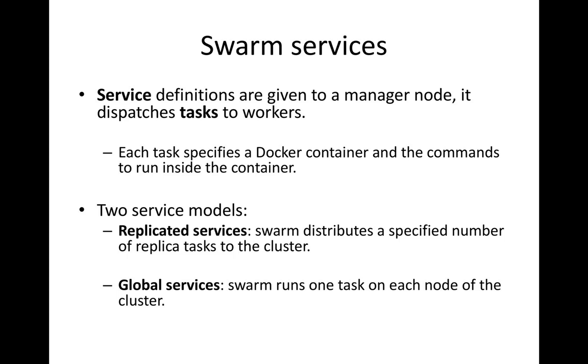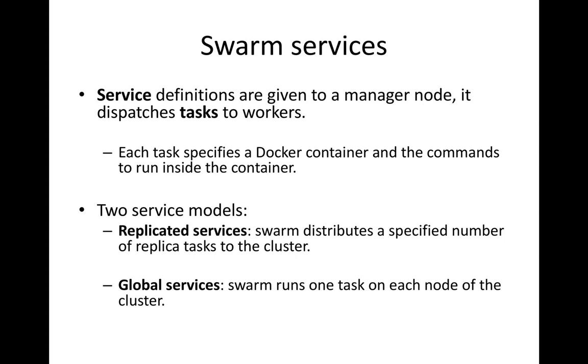When you're deploying services into a Swarm cluster and deploying containers into the Swarm cluster, you're not deploying containers directly. You're creating what are called services, and you can think of services as being an abstraction layer for Docker containers. So a service represents a Docker container that's going to be configured in a particular way.